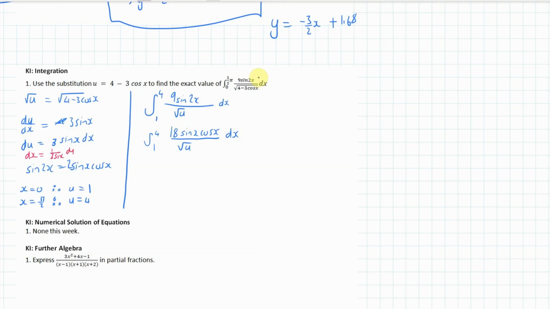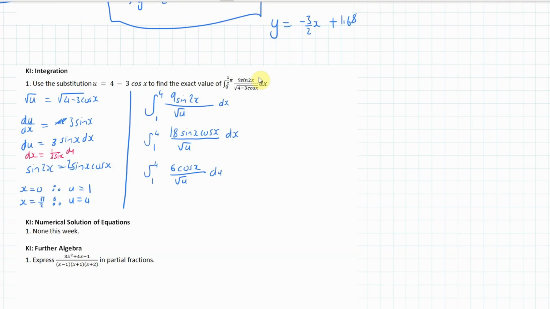We could then replace this with, what's 1/3 of 18, is 6, so 6 cosine x over square root u du. Okay, because that du times 1/3 sine x is going to get rid of the dx and the sine x and reduce that 18 to 6. Now, 6 cosine x.